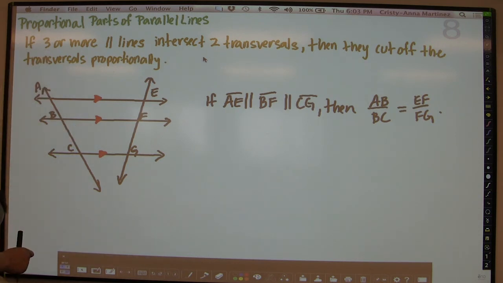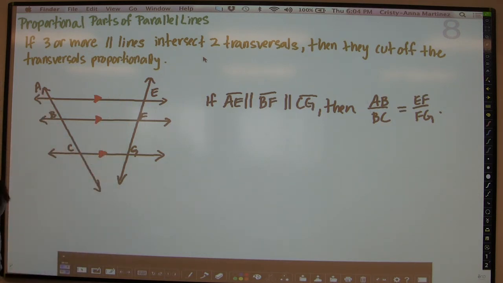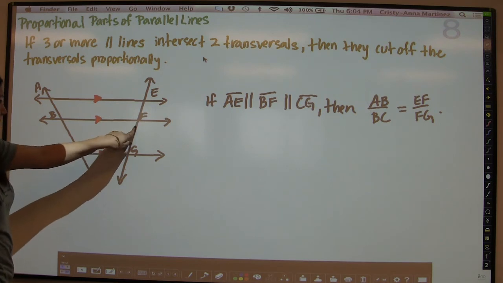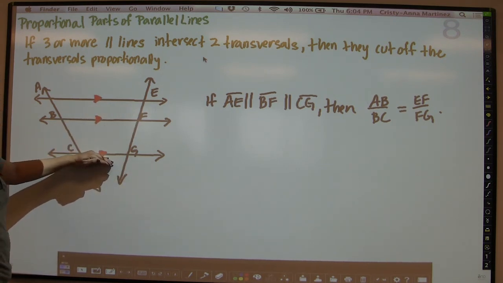So basically it says if 3 or more parallel lines intersect 2 transversals, then they cut off the transversals proportionally. And again, that might sound kind of confusing, so we have over here written out in a more concrete way. If AE, so here's AE, is parallel to BF, and then also parallel to CG, if all three of those lines are parallel, and it could be more than that, then the segments of the transversals are going to be cut off proportionally.